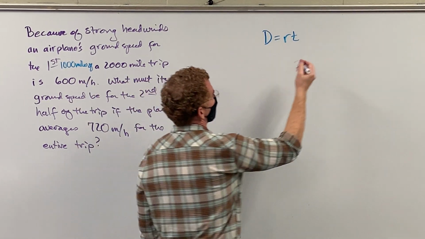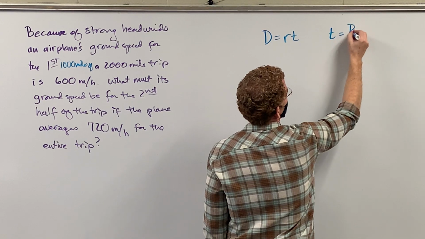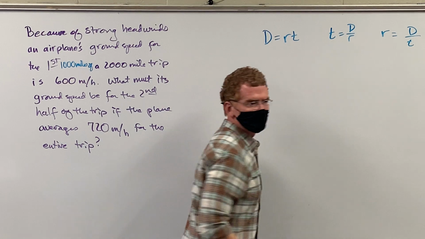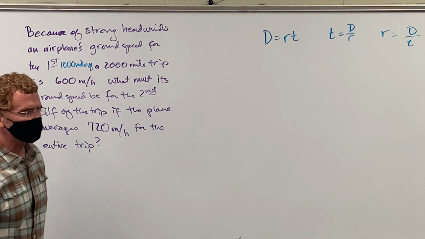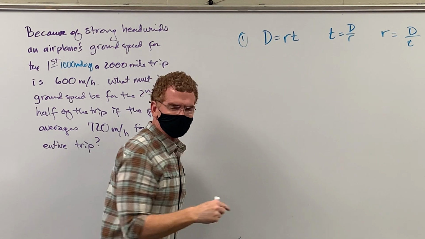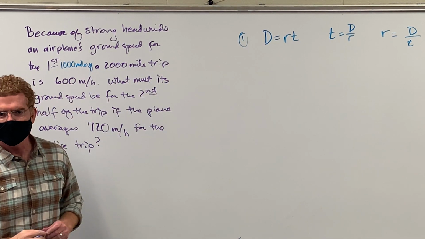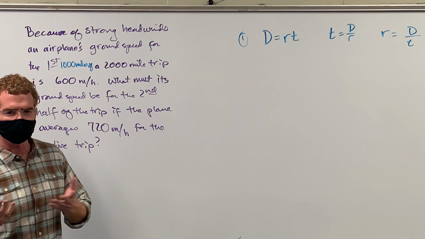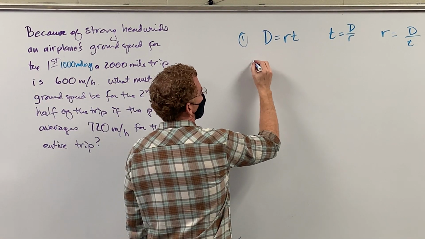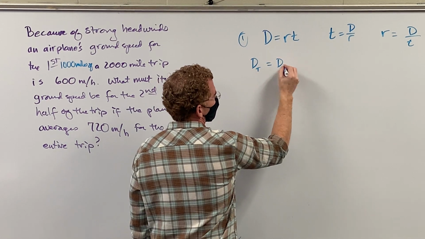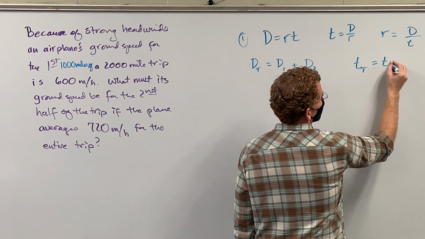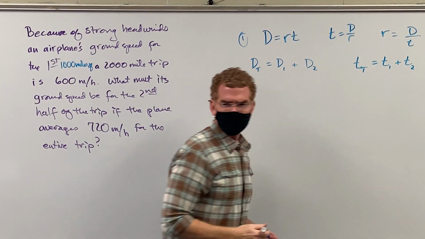But if that's true, isn't also T equals D over R and R equals D over T also true? I mean, really, aren't you right? But that's the first thing that pops in my head. And then what else did I tell you popped into my head? I said I always write these things down and then try to figure out how stuff works into that. Didn't I tell y'all that total distance equals first distance plus second distance, and total time equals first time plus second time?